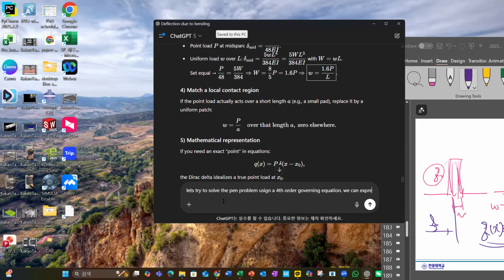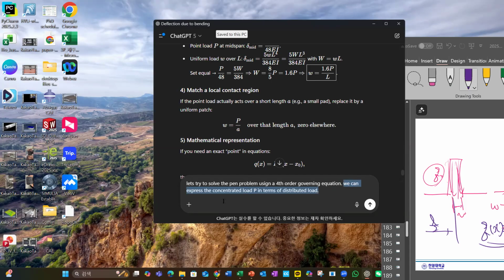We can express the concentrated load P in terms of... I don't need to say actually, let's delete this one.